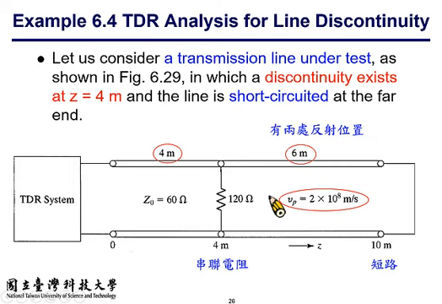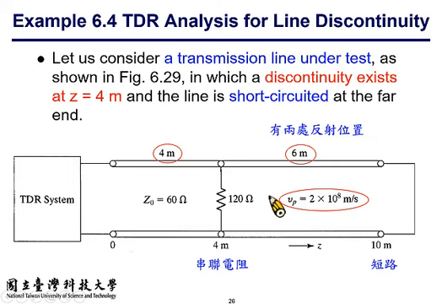So the round trip propagation time for this 10 meter line shall be 2 times 50 nanoseconds. So we expect to receive a reflected signal from the short termination at the time instant of 100 nanoseconds.